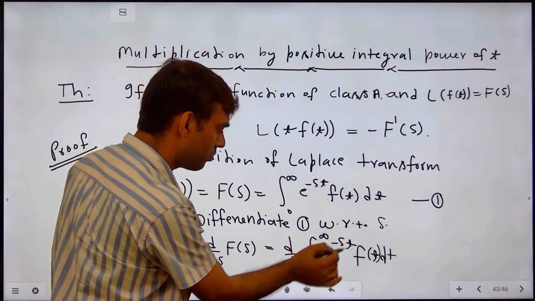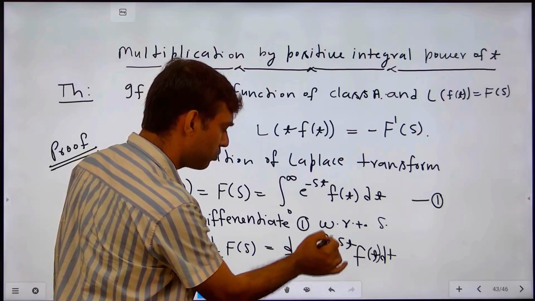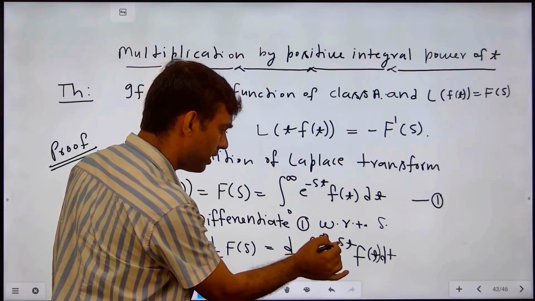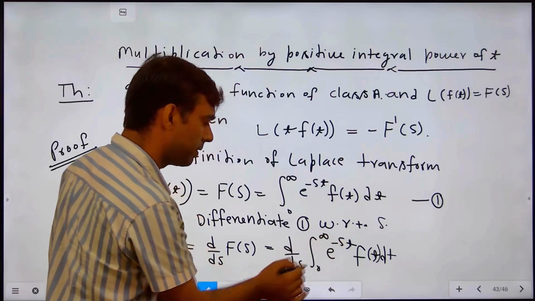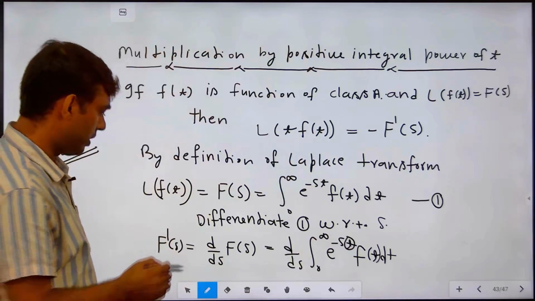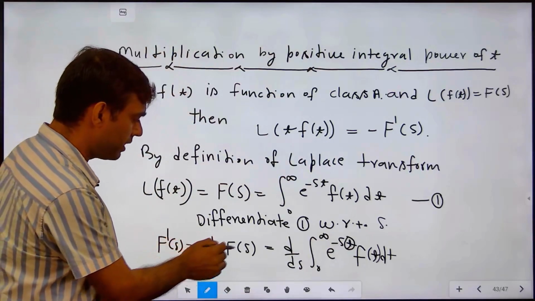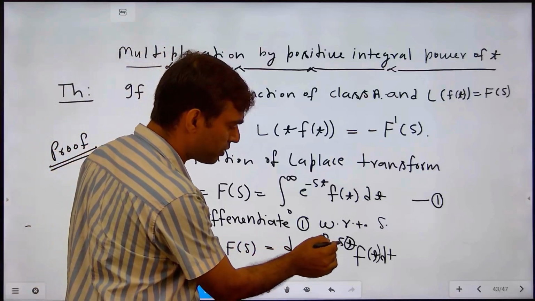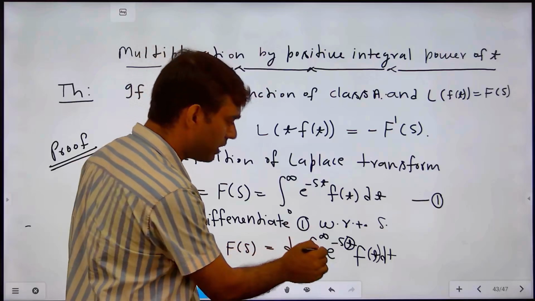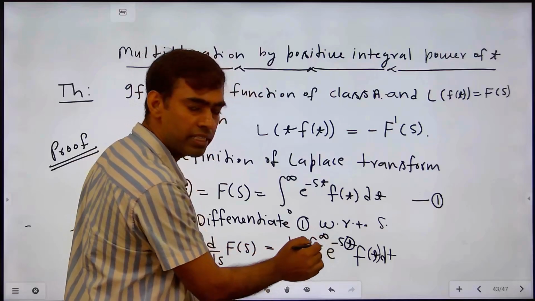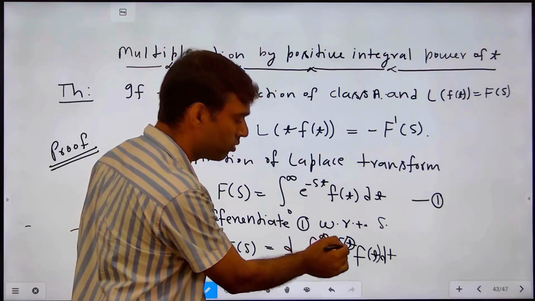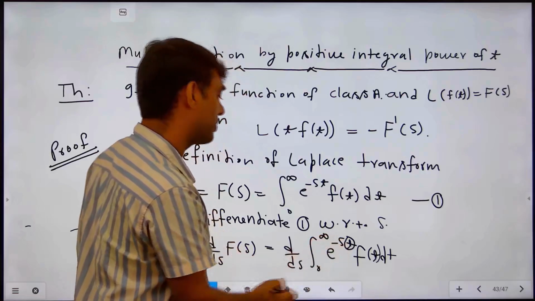The factor e to the power minus st has a term of s, so we differentiate e to the power minus st. Here t is treated as a constant and s is the variable. The differentiation of e to the power minus st is e to the power minus st into minus t, because t is treated as a constant.